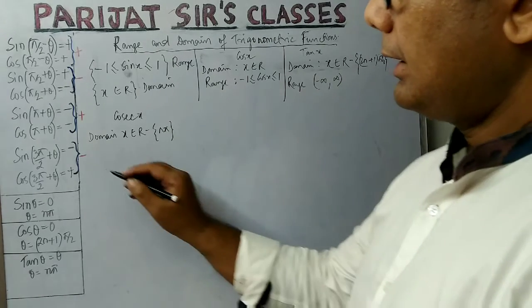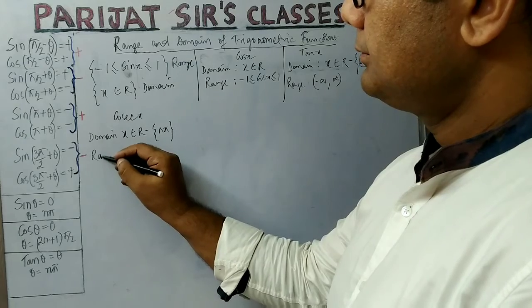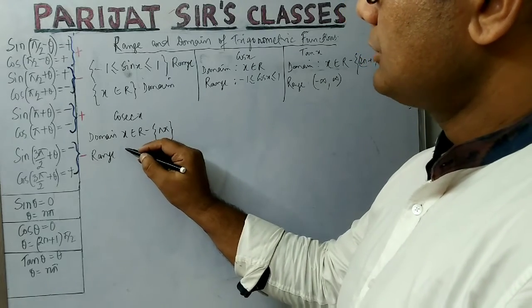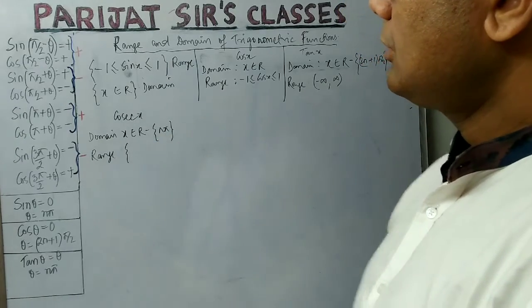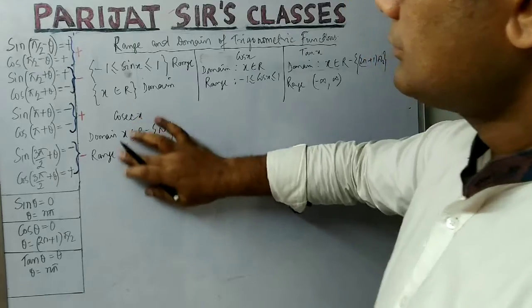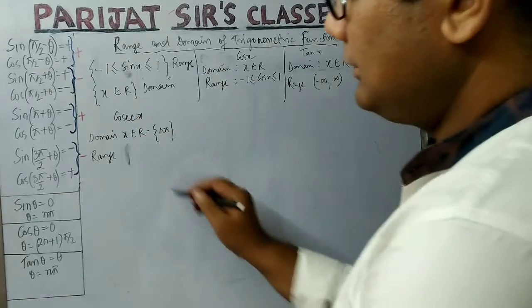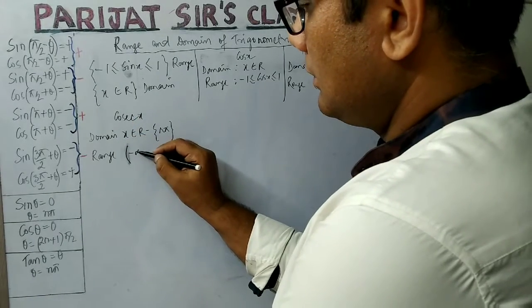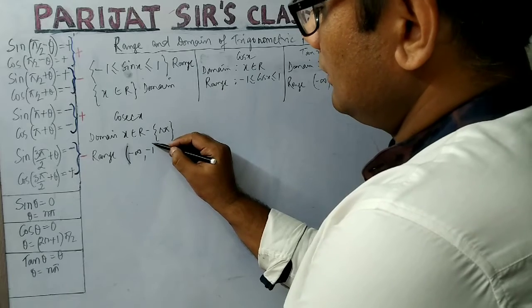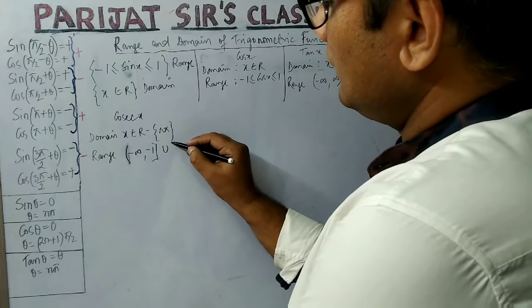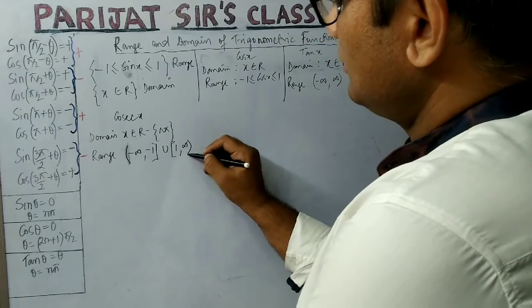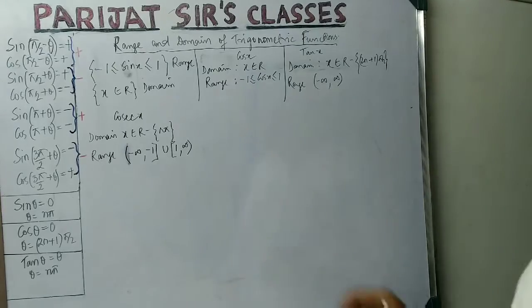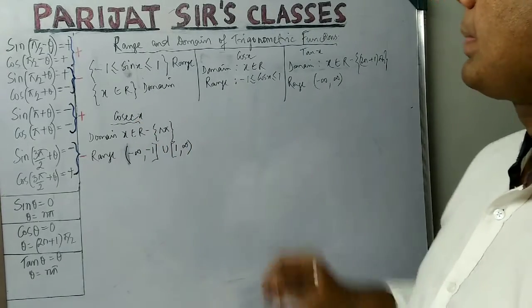This is the domain, and the range of this function will be from -infinity to -1 union 1 to infinity. This is about cosec x.